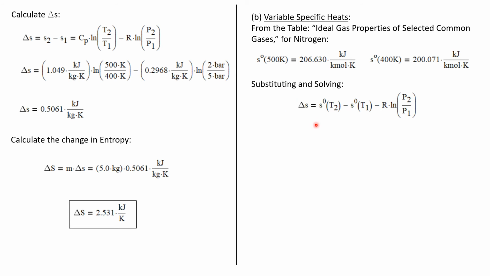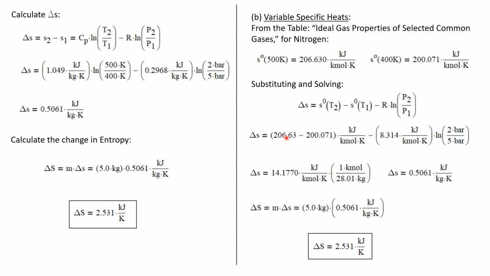So let's substitute. We're going to substitute values into this expression. Again, we have delta S is S naught of T2 minus S naught of T1 minus R natural log of P2 over P1. So delta S is going to be S naught of T2, which we got as 206. And we're going to subtract S naught of T1, which is 200.07.